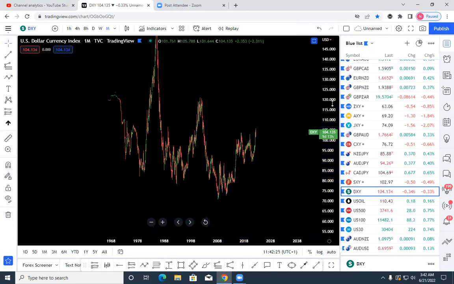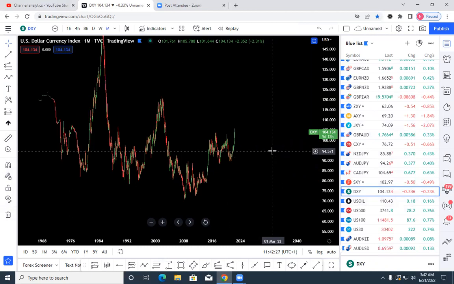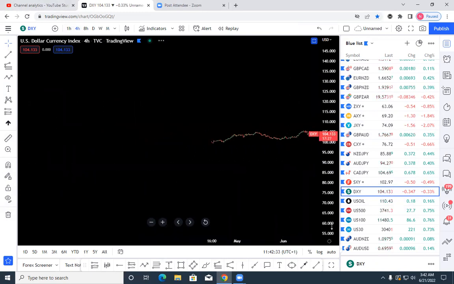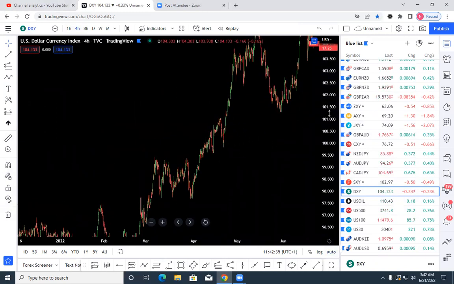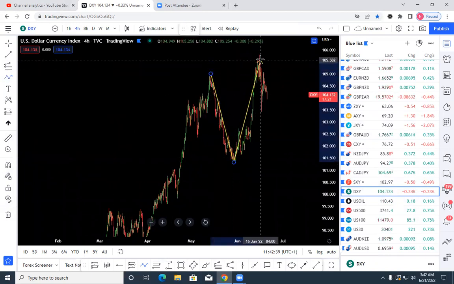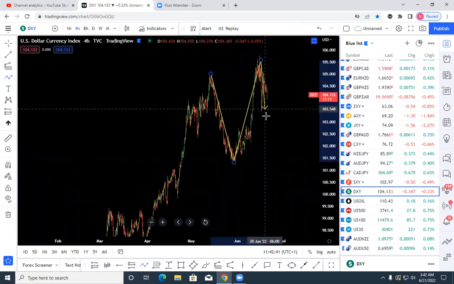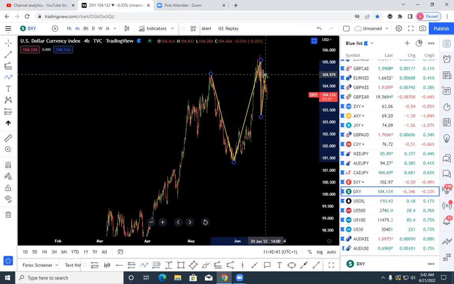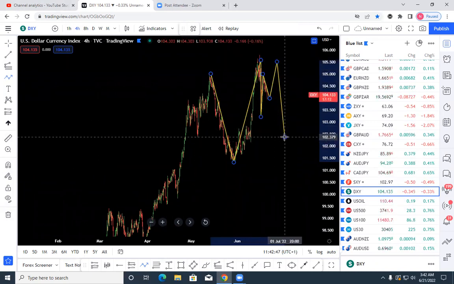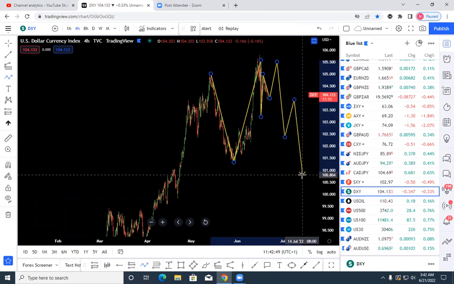If DXY is to be bullish, then if you come to a lower time frame like 4 hours, you see that we are seeing a bigger corrective structure right now. This has broken this top, so it has no more thing to do other than to move to the upside, 3 waves, and down.